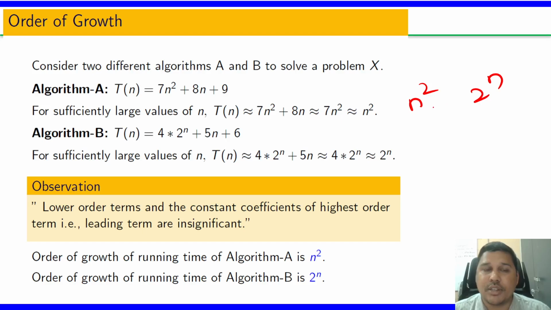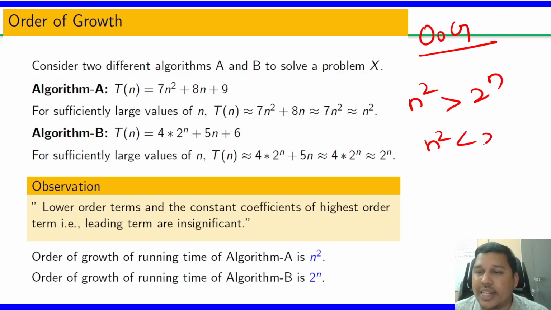Can you tell which is higher and which is smaller here? Compare the order of growth of both. Tell me which one is greater. Is n square low or 2 power n low?